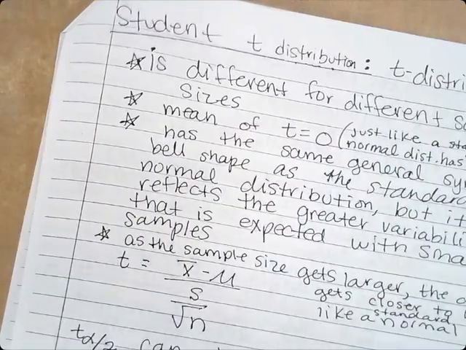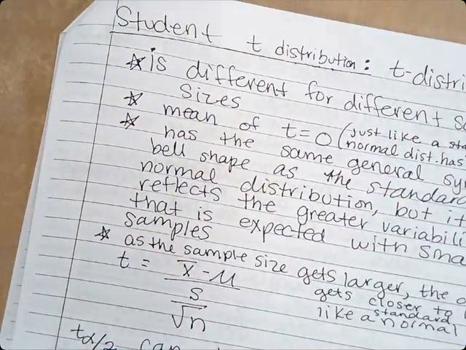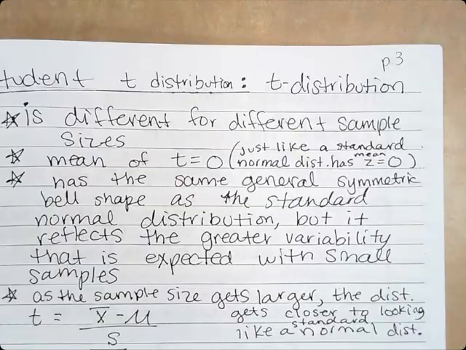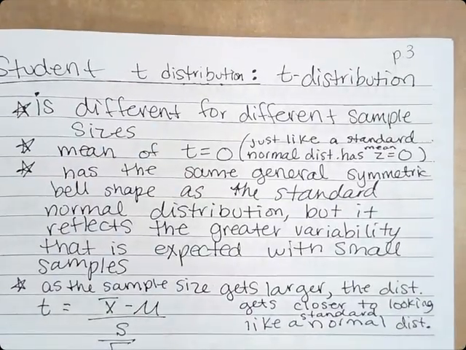Okay, let's keep on rolling. Student T distribution. It's different for different sample sizes, so that's why we use our degrees of freedom. For the T distribution, the mean is T equals 0, just like standard normal distribution has Z equals 0.